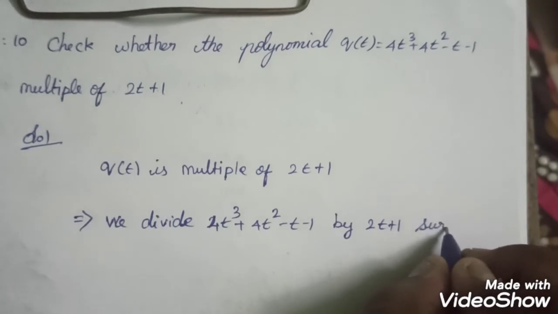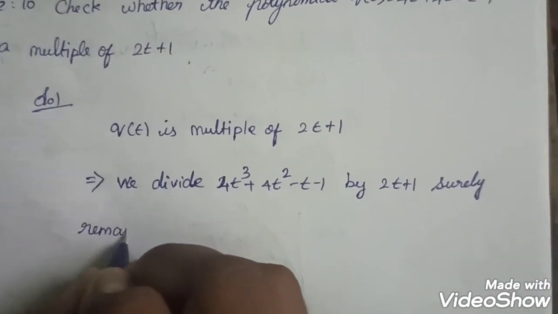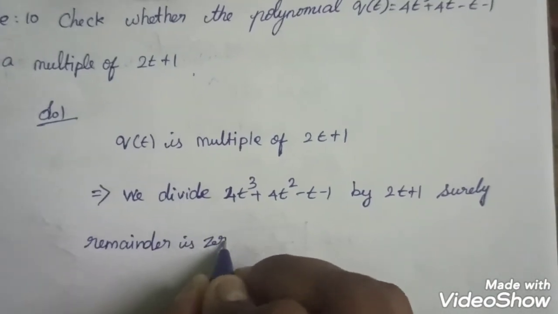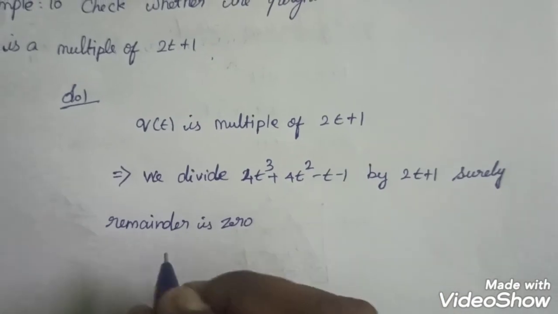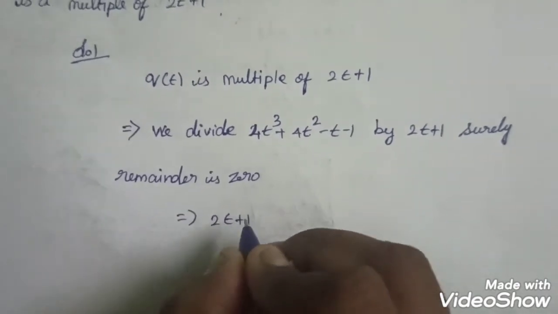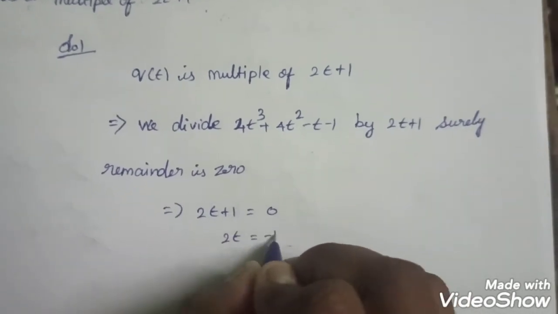Surely the remainder is 0, which implies 2t plus 1 is equal to 0, 2t equal to minus 1.